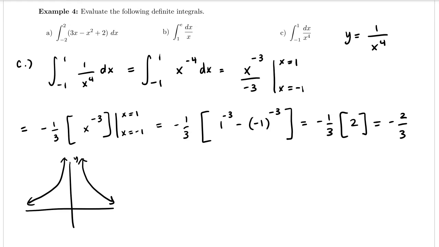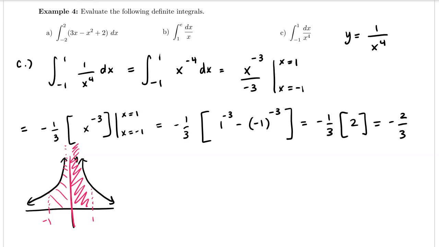And we're going to learn about this more in a later section, but we can't use the fundamental theorem of calculus part 2 on this because of the fact that there is a vertical asymptote at the y-axis.